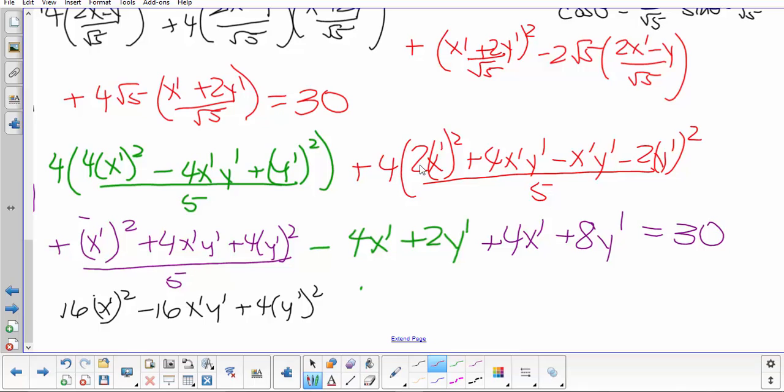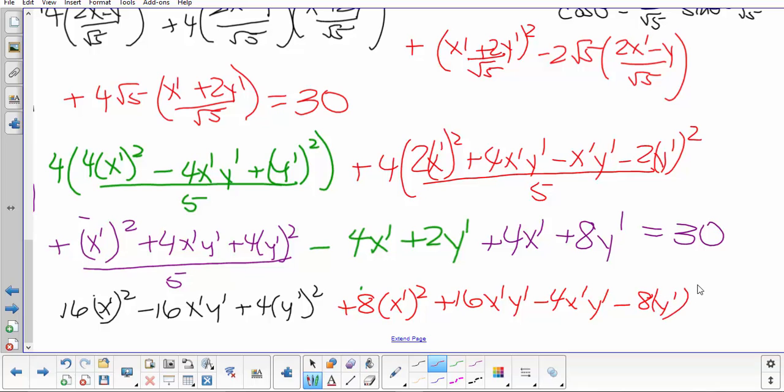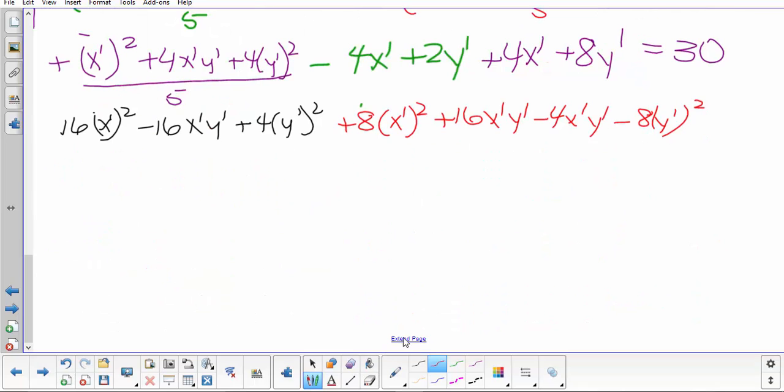So then 4 times 2 would be plus 8x prime squared plus 16x prime y prime minus 4x prime y prime minus 8y prime squared. Okay. This is all over 5.